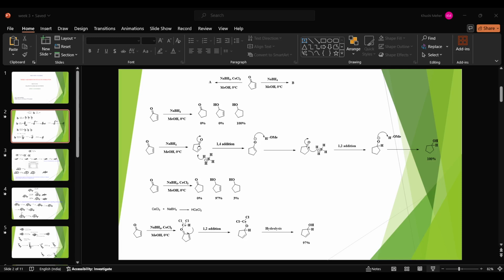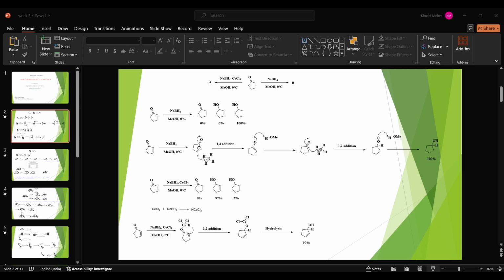Do you know why? We use sodium metal, but the most difficult thing in this reaction is the liquid ammonia.